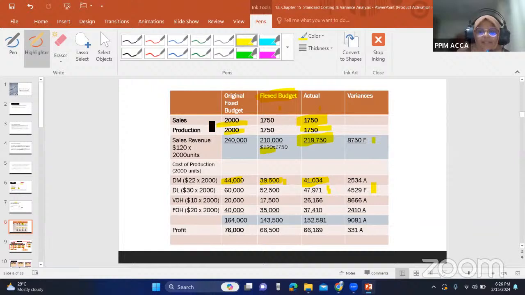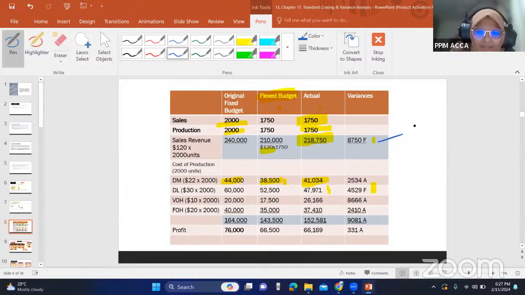It's like this. Now this 8,750 favorable variance, think about it, it's a sales variance. It could have happened because of two reasons. One reason is maybe we were able to sell at a higher price.